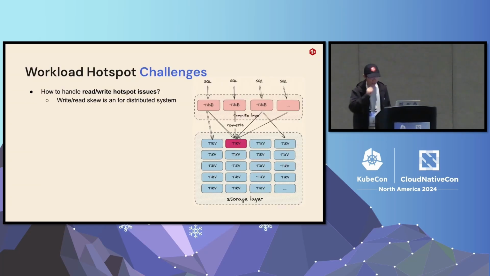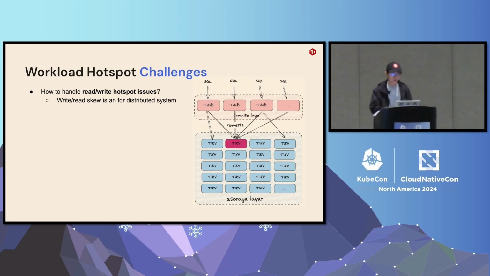And as I have just mentioned, hotspot issue is a common issue for a large distributed system. If a single node or a minority of nodes takes the majority of the workload from the whole system, then this node can be the bottleneck of the whole system.